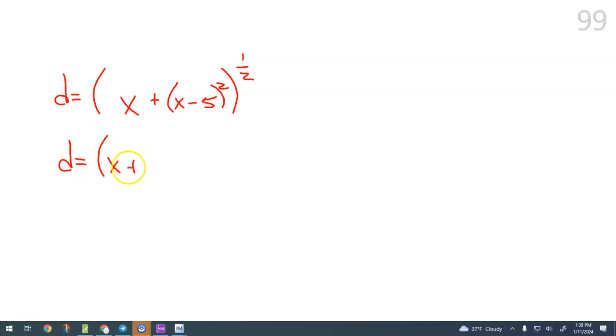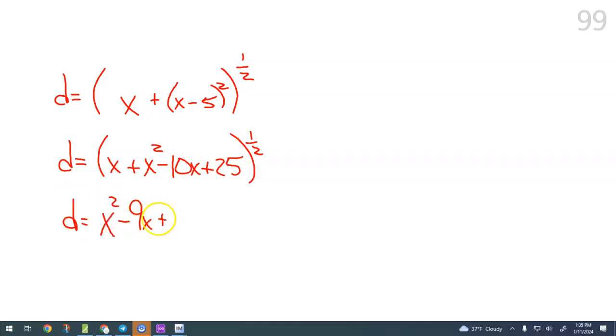That's x plus, well, that's just x squared minus 10x plus 25. So then I have x squared minus 9x plus 25, which doesn't factor. And that's all to the 1/2 power. And this is equal to, am I trying to maximize this or minimize this? Minimize. I want this as small as possible.